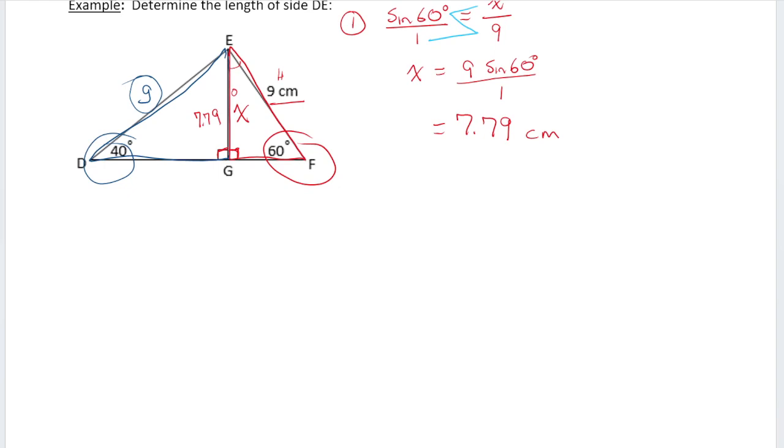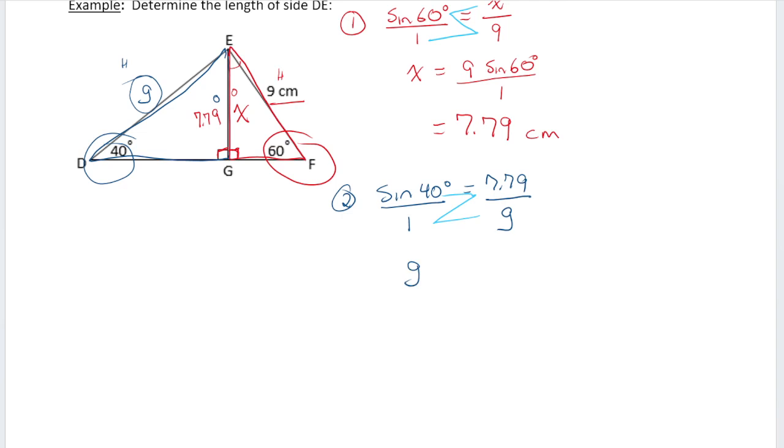And now I can look at the first triangle, my blue one. And from here, I have opposite and hypotenuse again. So it's sine SOHCAHTOA. It's our sine trig ratio again. So sine of 40 degrees is opposite 7.79 over hypotenuse, which is g. We put that over 1. We use our Z pattern.